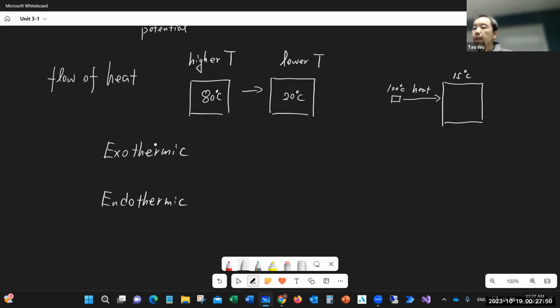Those are two different things. Exothermic is generally talking about where this object or the system is going to release the heat.